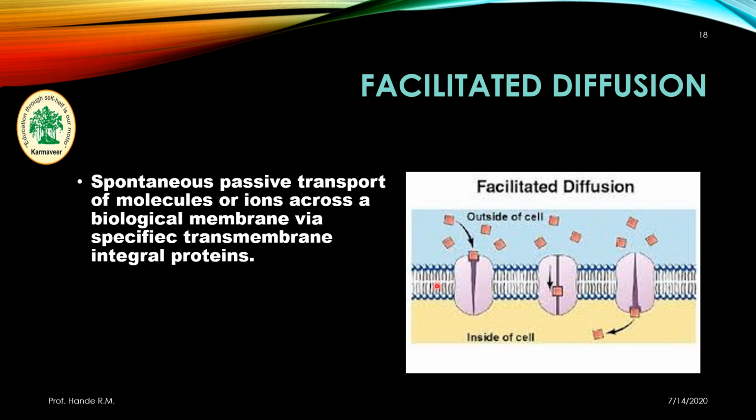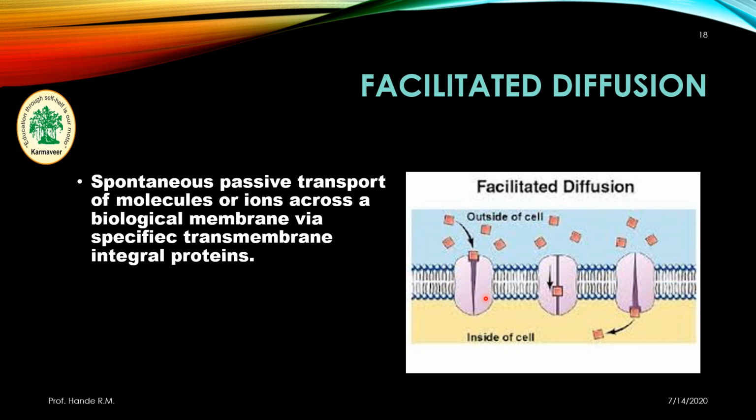This is the plasma membrane of the cell. This is the outer environment of the cell, and this is the inside environment of the cell. The molecules and ions transported through the transmembrane integral protein is known as facilitated diffusion.